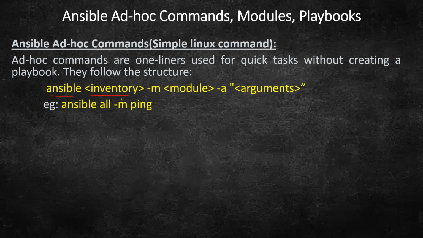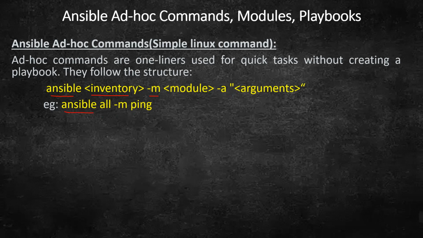In the inventory file we mention our node machine information. Here -m is the module, which module we want to use, and this is the argument.